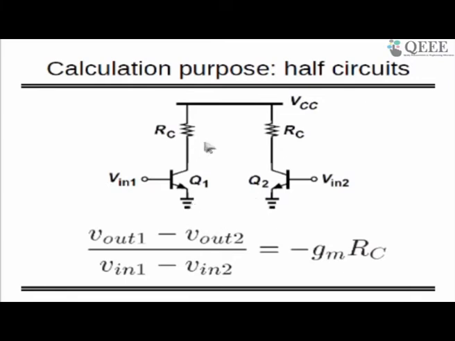Still there is one current source connected to the emitter junction, and I'm doing this to make sure there is a loose control of common mode voltage, and this is just for the calculation part, so this will be the half circuit. So I am going to take only one circuit at a time, and if I can find out the gain of this circuit, V out by V in, similarly I can find out V out by V in for the other, and if I subtract both of them, I am going to get the differential gain of the whole circuit.